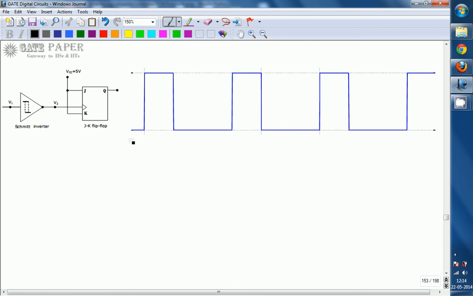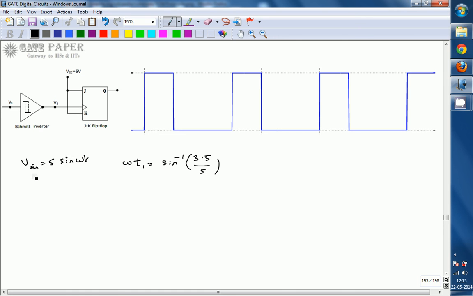So let us assume omega T1 is in radians, which we get as sine inverse of 3.5 divided by 5, because the sinusoidal signal is V input equal to 5 sine omega t.